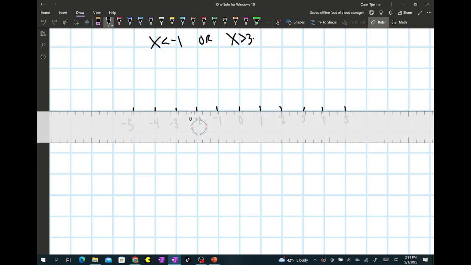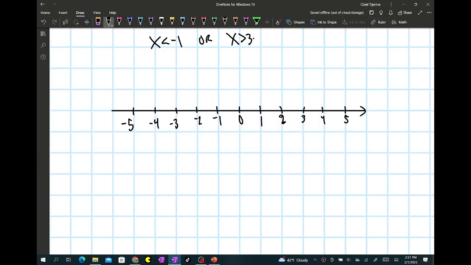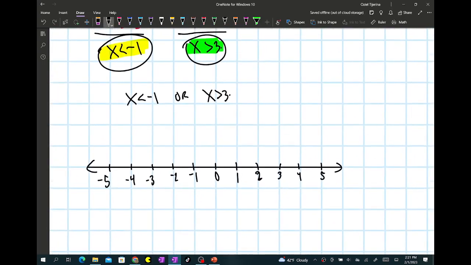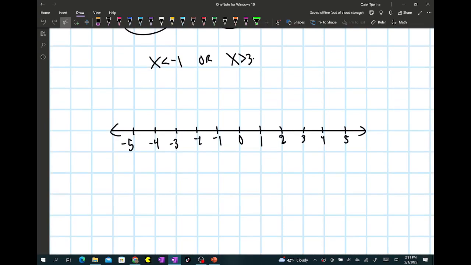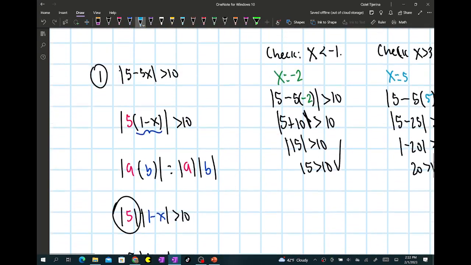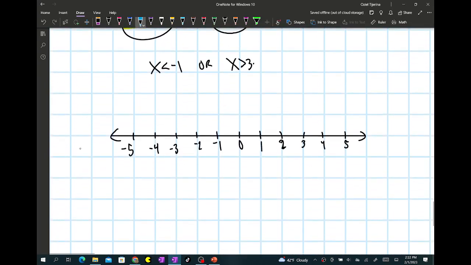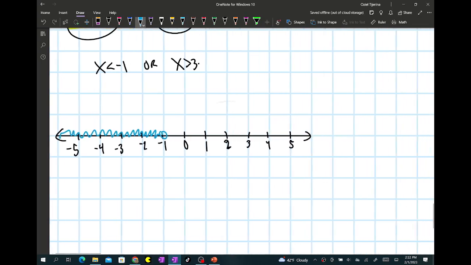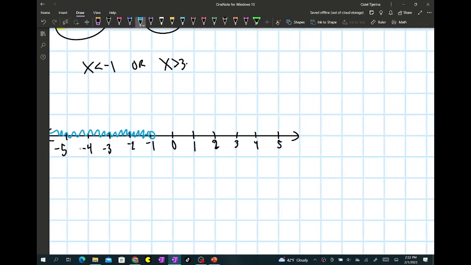So I have x is less than -1, right? So I'm going to put an open circle at -1, right here, and shade all the numbers that are less than -1. And then I'm going to pick x is greater than 3, so I'm going to put an open circle at 3 and shade all the numbers that are greater than 3.